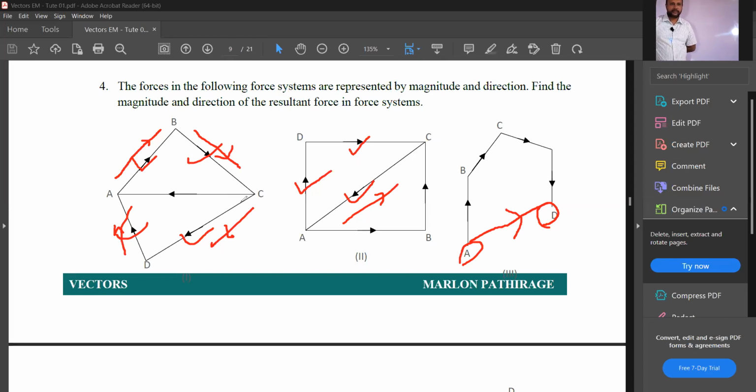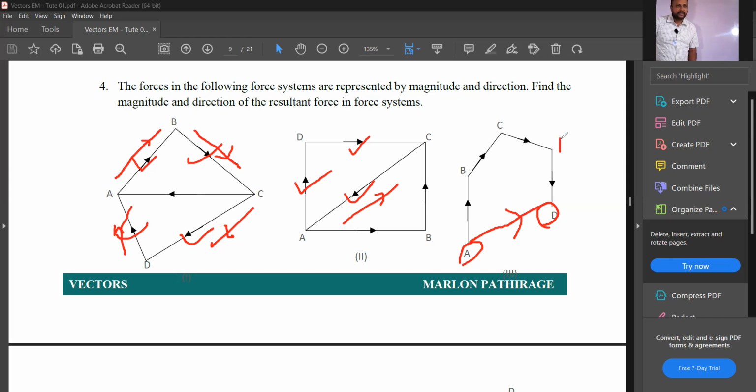So in the third one, how should we write it? No, you don't need to write anything. I just want the answer. But if you want to write it, you can write this: AB plus BC plus CA.